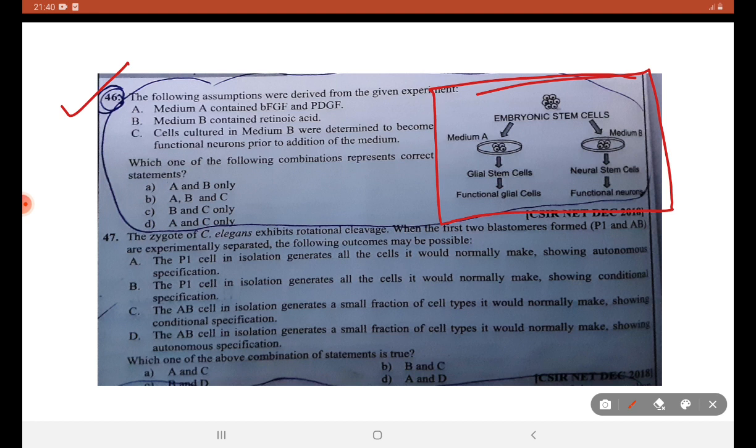Cells cultured in medium B were determined to become functional neurons prior to the addition of the medium. No, they are stem cells, so they are not conditioned before the addition of morphogen. So C is not a correct statement. Remove all the statements that have C. A is the right answer.